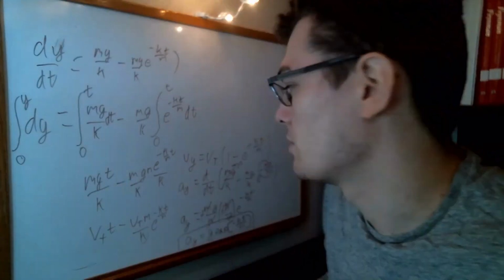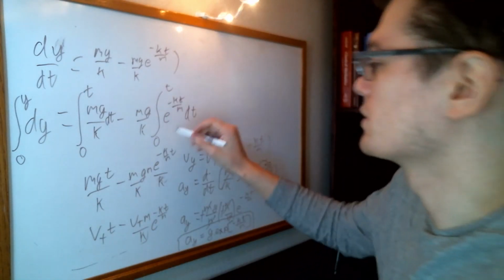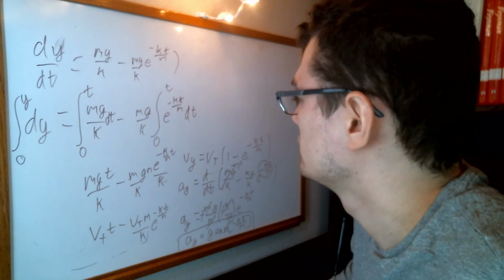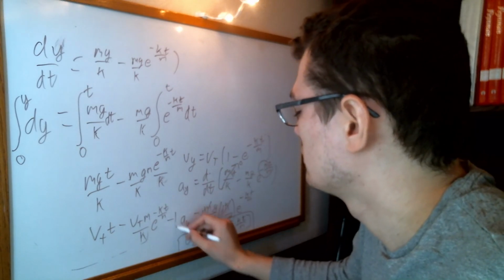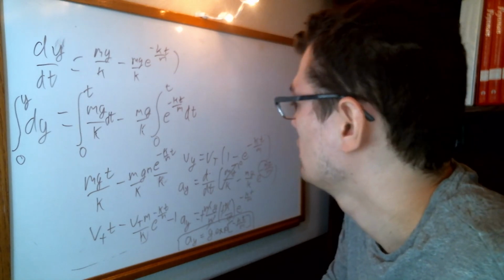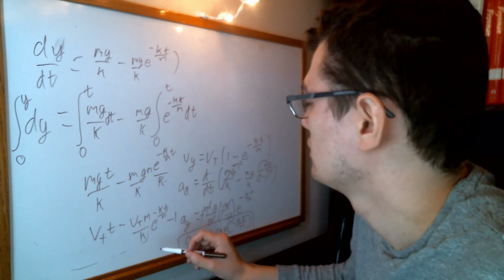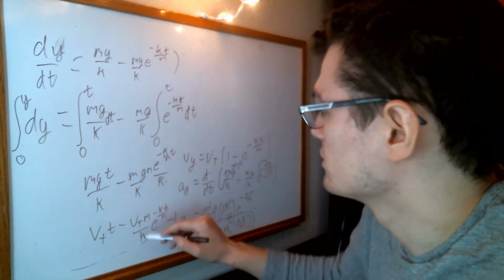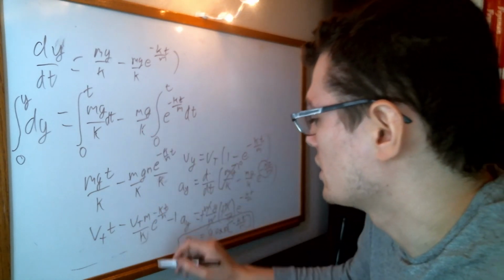Okay, so I see what I missed. When you're integrating from 0 to t, when you plug in a 0 here, you have to subtract a 1 here, and this was already negative here.